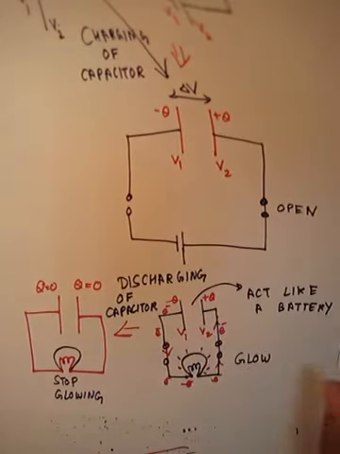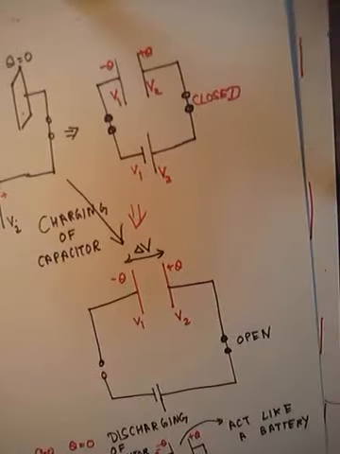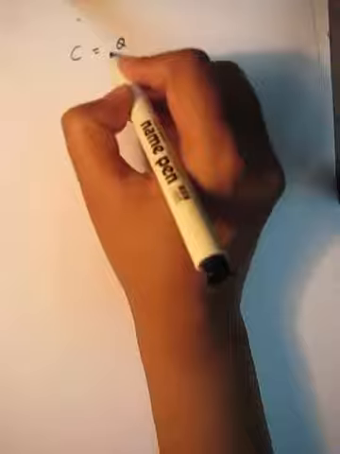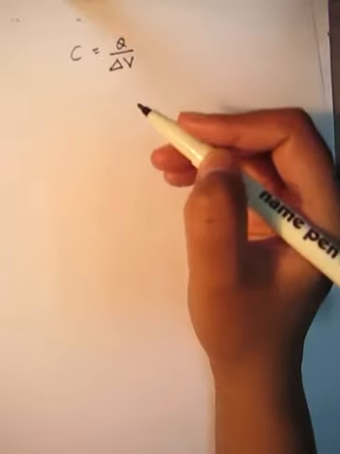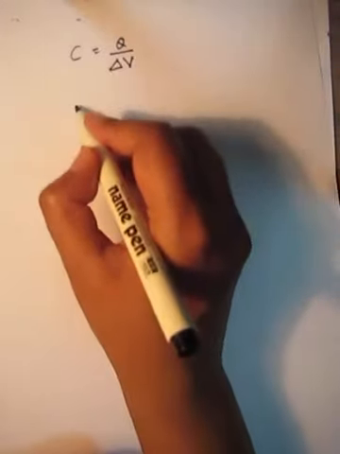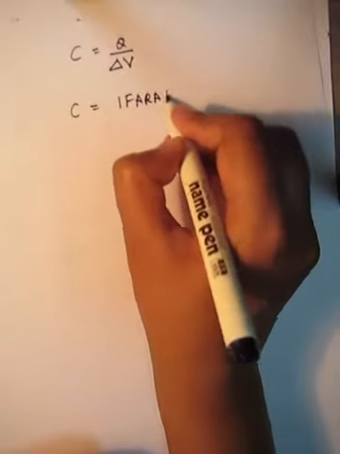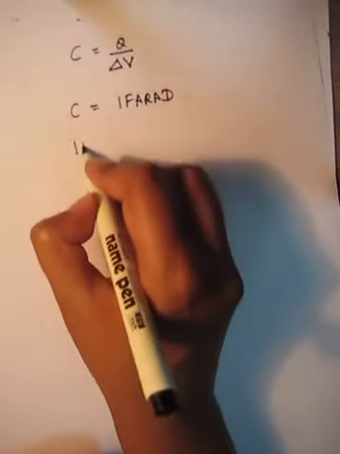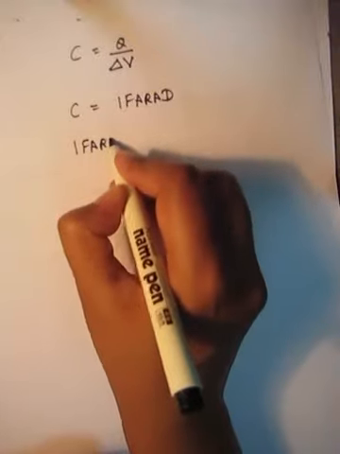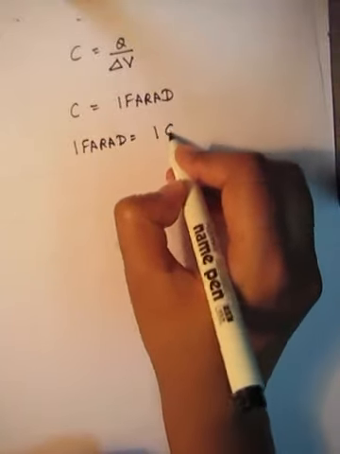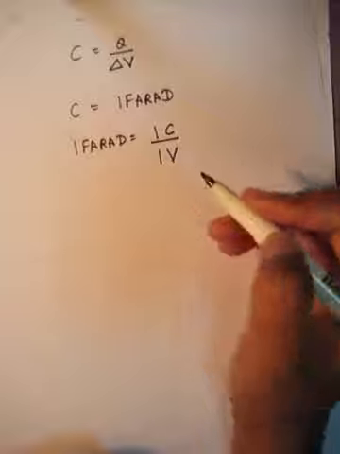Okay. Now let's talk about the units of a capacitor. Now we have defined capacitance to be charge per unit voltage, and capacitance has units of farads. So 1 farad will be equal to 1 coulomb divided by 1 volt.